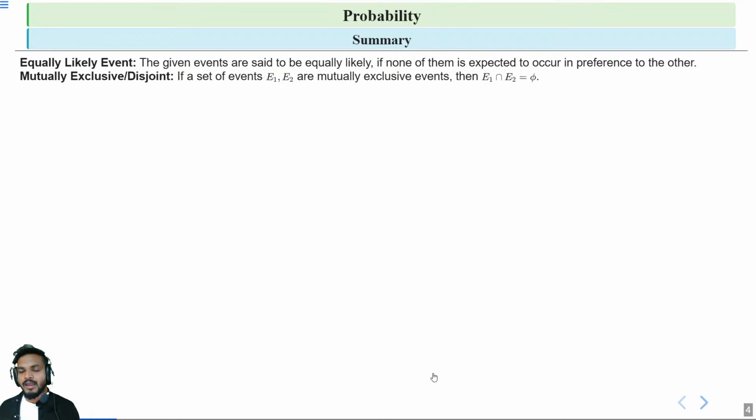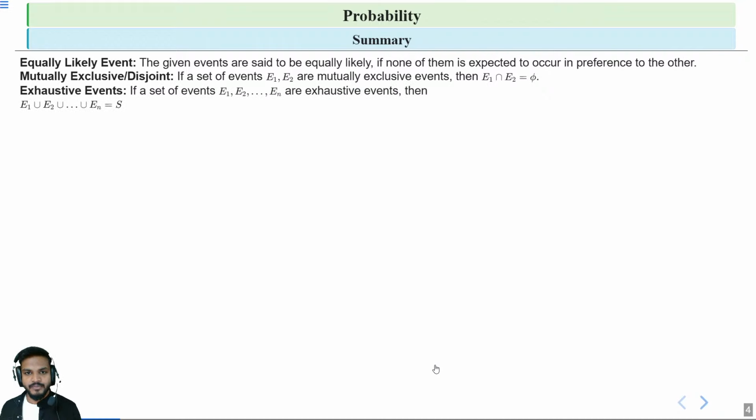Okay. And if you're talking about mutually exclusive and disjoint events, if we have two events E1 and E2, then we say E1 and E2 are mutually exclusive events if they are disjoint. That means if we take the intersection of both events, we get phi. And exhaustive events: if we have a set of events E1, E2, dot dot dot En, then they are called exhaustive events if the union of all of these is the whole sample space.